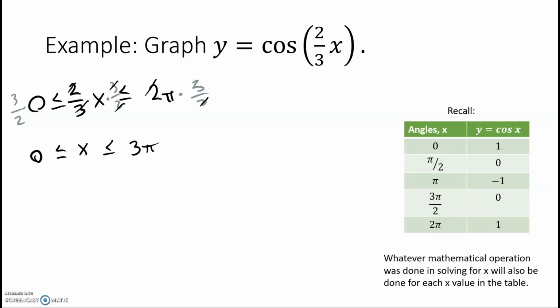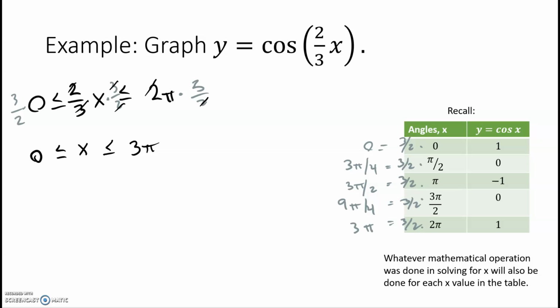So I'm going to take each one of these and multiply it by 3 over 2 and get an answer for each one of those. So 3 over 2 times 0 would be 0. 3 over 2 times pi over 2 would be 3 pi over 4. 3 over 2 times pi will be 3 pi over 2. 3 over 2 times 3 pi over 2 would be 9 pi over 4. 3 over 2 times 2 pi would be 3 pi.